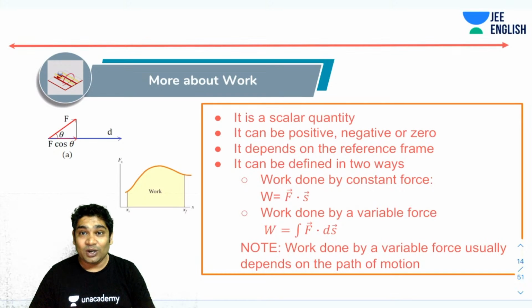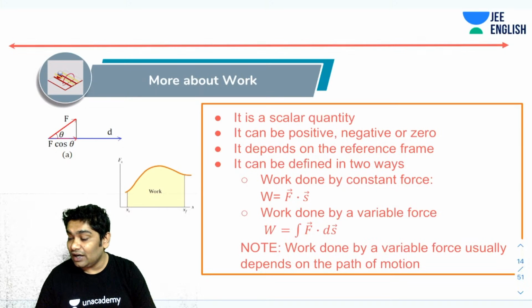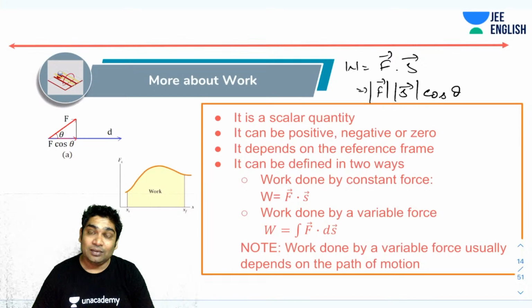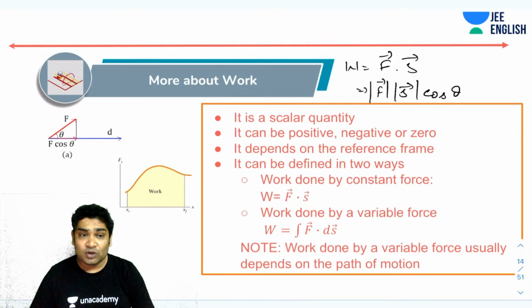So work, you will know, is a scalar quantity. Now work can be positive, negative, or zero. Why? Because work was defined as F dot S. The way you define that is magnitude of force times magnitude of displacement times cos theta, where theta is the angle between the displacement vector and the force vector.